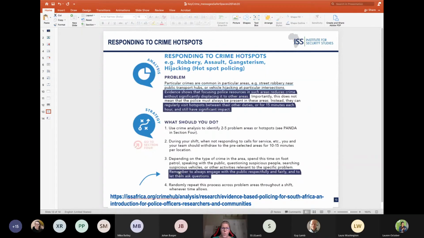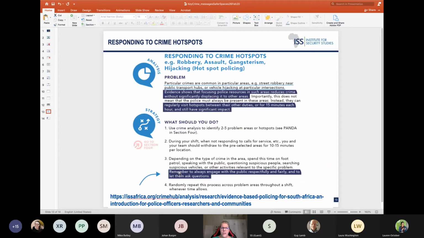Now, what do we know? We know that internationally, responding to crime hotspots works, but you have to identify what the problem is, such as gangsterism or street robbery, and get the evidence to show that, from the police, or you can do your own evaluations, victim surveys, safety audits, and such.